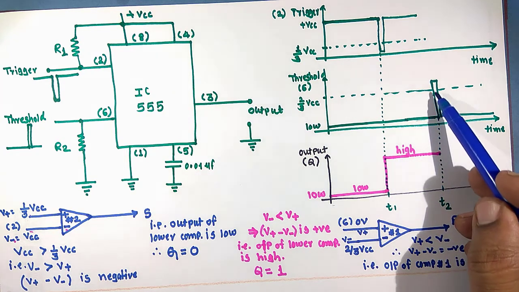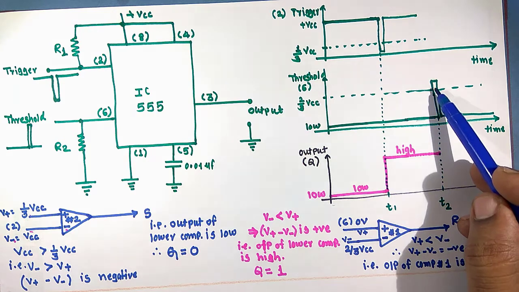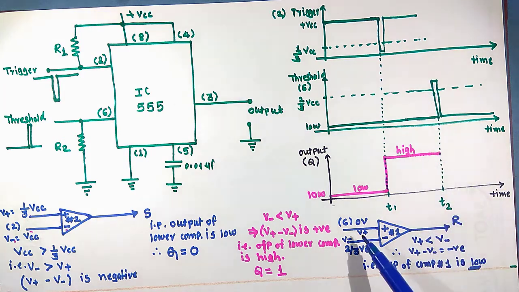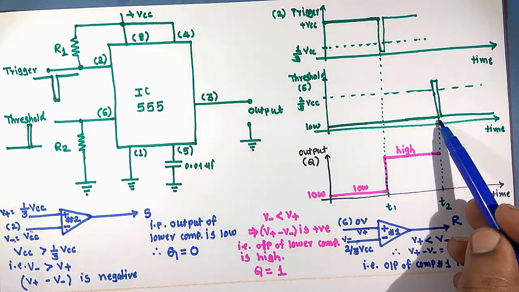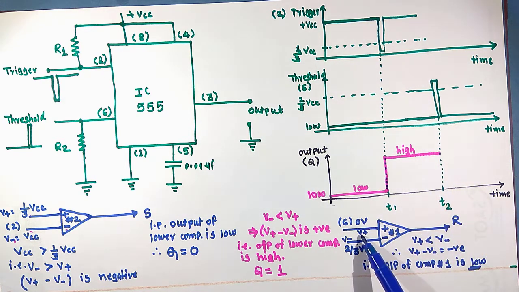When the voltage present at pin 6 becomes slightly greater than 2/3 VCC, V plus becomes greater than V minus, V plus minus V minus will be positive, and the output of the upper comparator goes to the high level and the flip-flop resets.